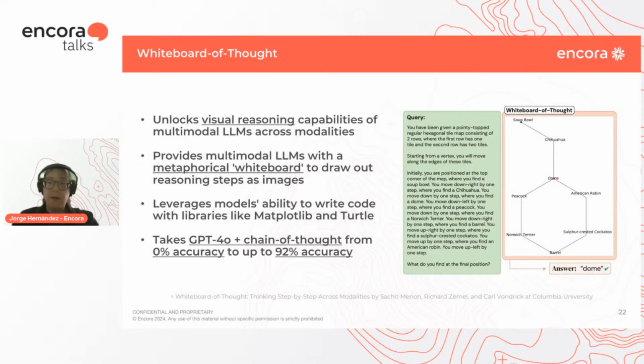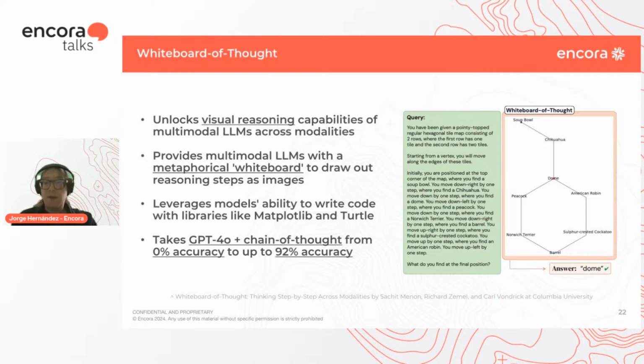And here, these models can write code. They can generate code that actually makes images, and then they can observe those images and use them to reason the way we humans would for this problem, where you just imagine yourself walking like this in your head, and you picture every single thing that is there, and when you get back to a particular node, you know, oh, okay, that was there, so I know the answer.